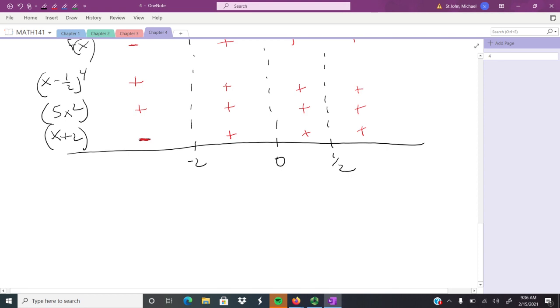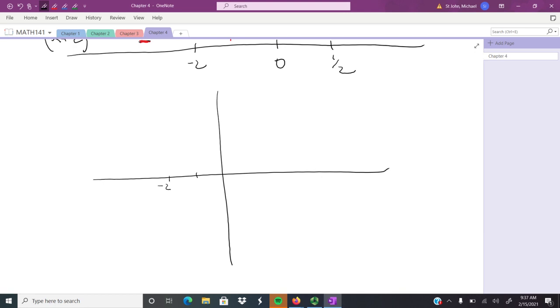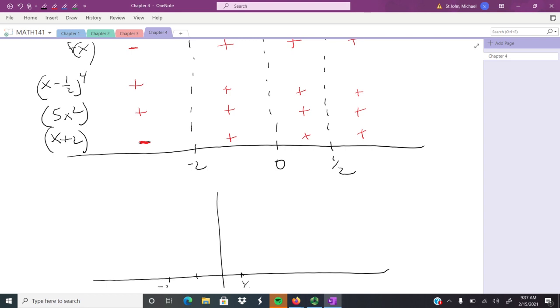So what does that mean in terms of if we were wanting to do a quick graph as to what is going on here? Right? So the numbers I want to put on here can be, this is -2. And then we want our 0. And let's make this 1/2. So our graph, our thing is negative, and then it becomes positive.